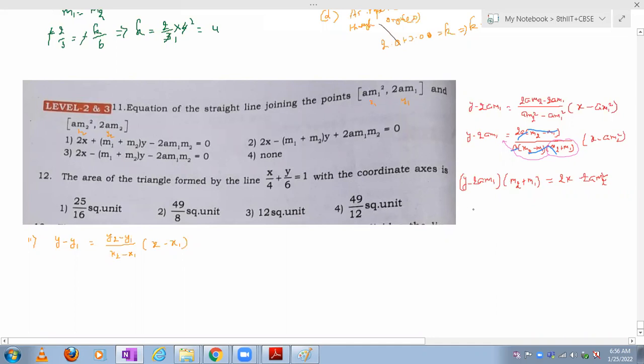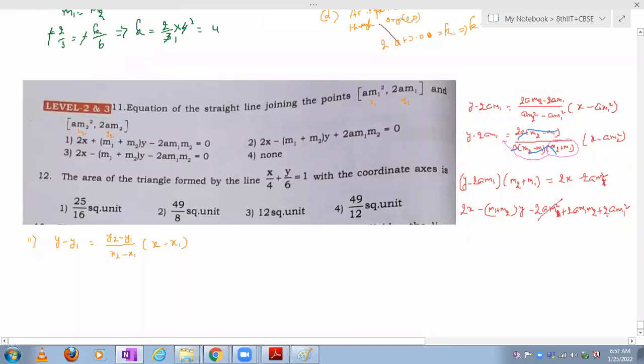Okay? Now I'll take everything to the right hand side. 2x minus (m1 plus m2) into y, then add minus 2am2 square plus 2a m1 m2 plus 2a m1 square. I'm sorry, I wrote here am1 square.